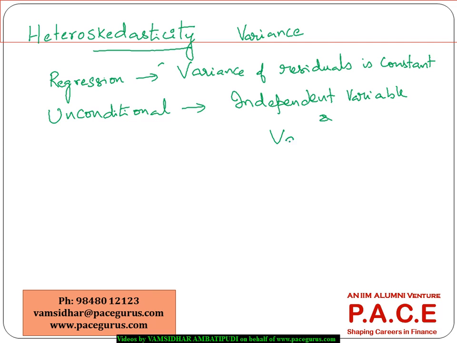If there is a kind of relationship between the independent variable and the variance of the residual, that is where we call it conditional heteroskedasticity.